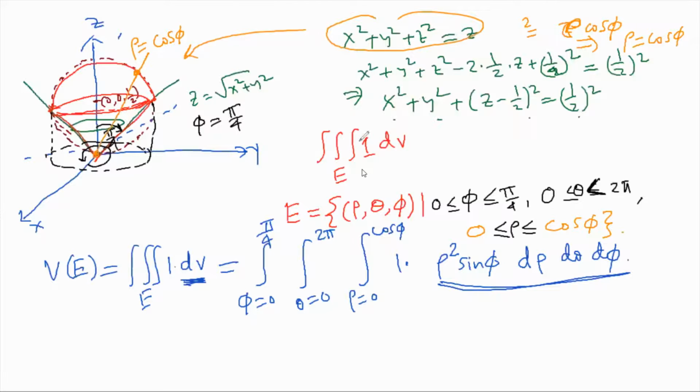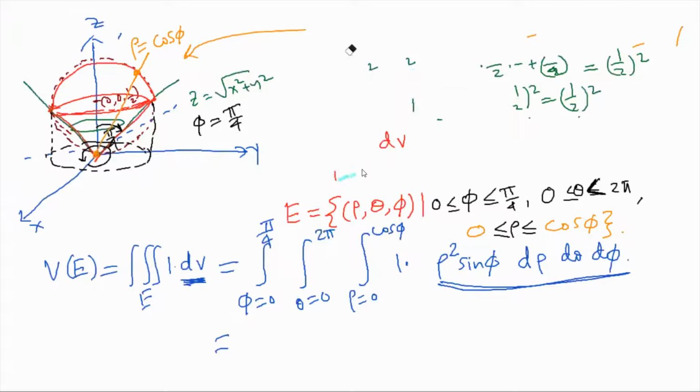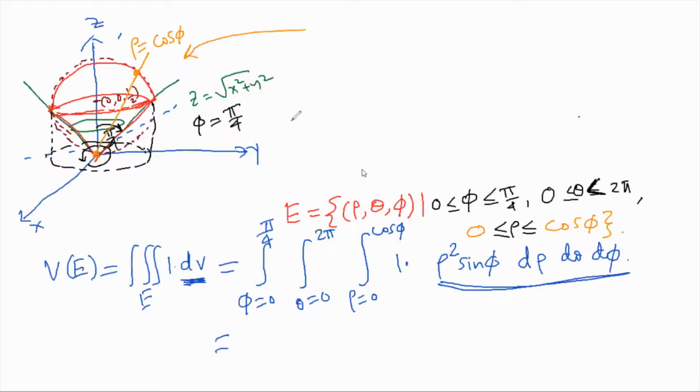So the rest is the iterated integral. You integrate with respect to rho first. So then it becomes what? I'm deleting the top part. So if you integrate, the integral of rho squared would be rho cubed over 3, right?